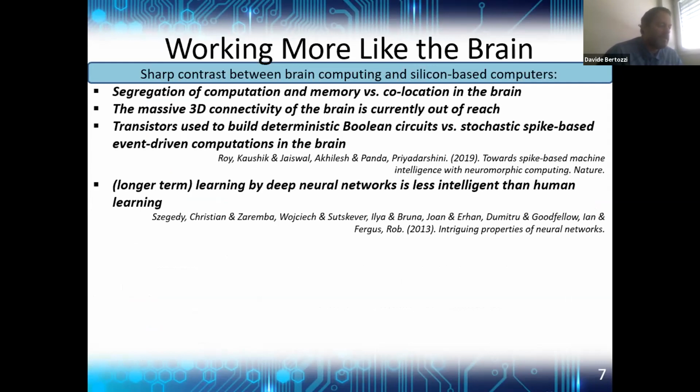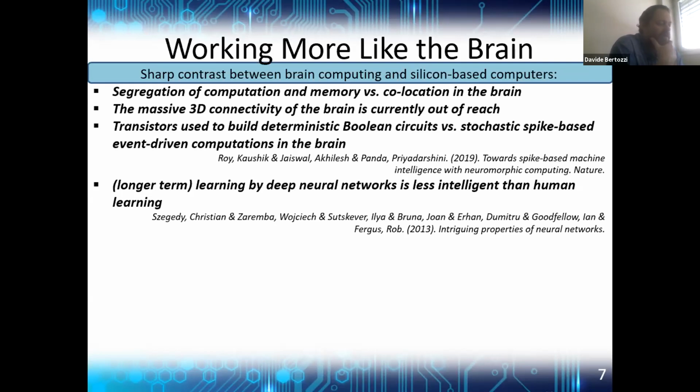First, the segregation of computations, the processing unit, and storage, the memory unit in computers, contrasts with the co-located computing and storage mechanisms found in the brain. Neurons, the computing units, and synapses, the storage, are co-located in the brain.